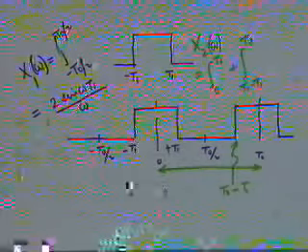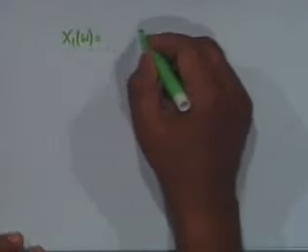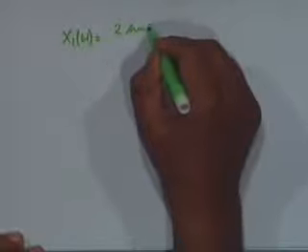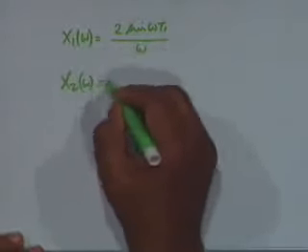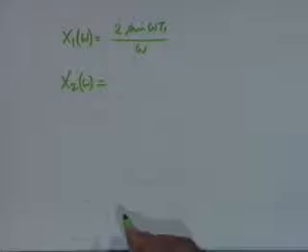You can show, if you carry out this integration, this simple exponential function, so integration is not a difficult process, you can show that X1 of omega is equal to twice sine omega T1 divided by omega, and X2 of omega is quite different from X1 of omega, and the result is the following.